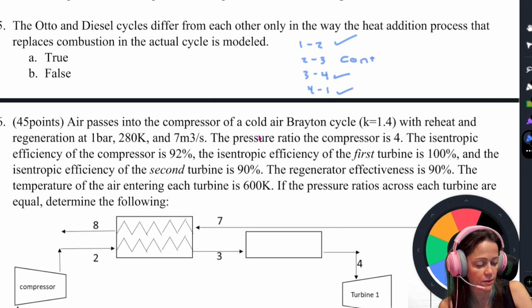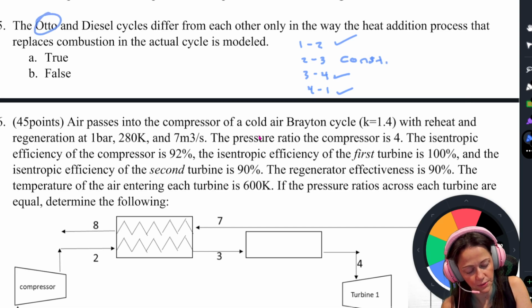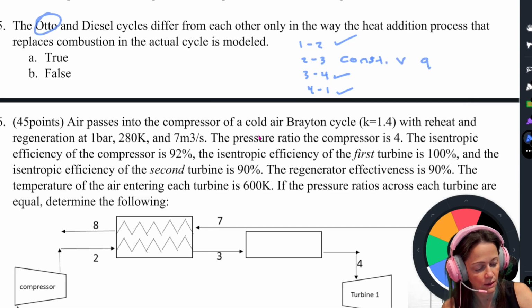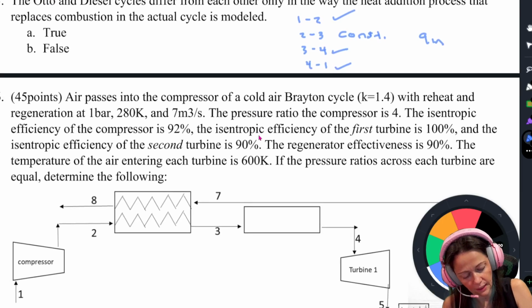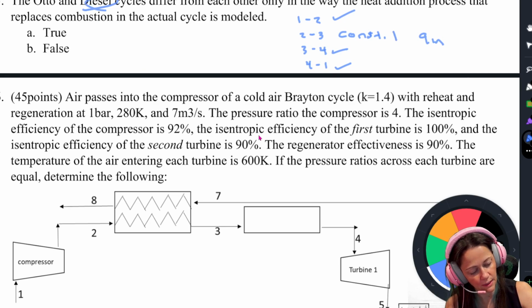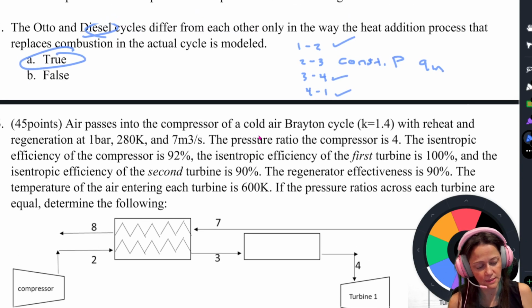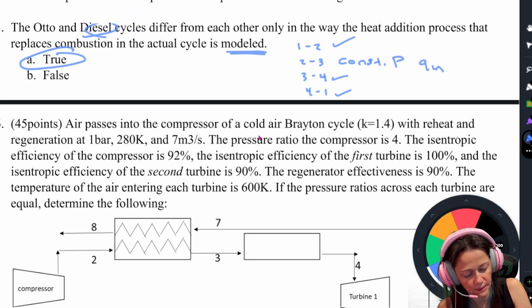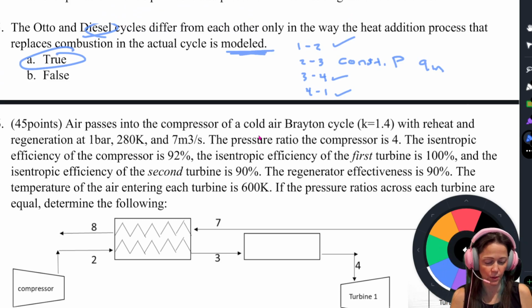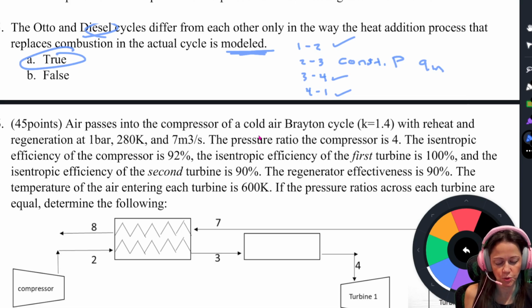But this one, if it's an Otto cycle, is going to be a constant volume QN, and if it is a diesel, it's going to be a constant pressure QN. So the answer here is true. And do keep in mind it's the way that it's modeled, right? We're not talking about the actual gasoline engine and the diesel engine. We're talking about the models that we're using for those systems.